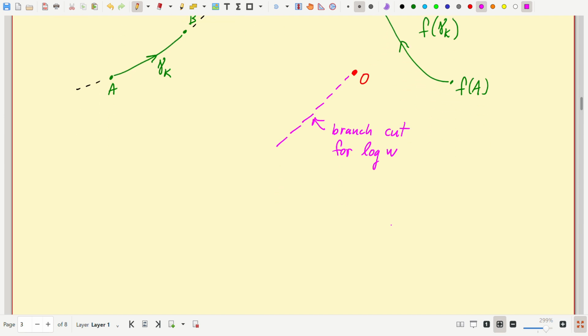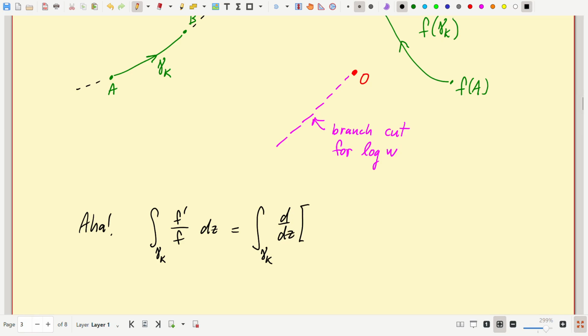And so the aha moment here is that the integral along gamma k of f prime over f dz would be the integral along gamma k in this picture of d by dz of this branch of the log of f dz.